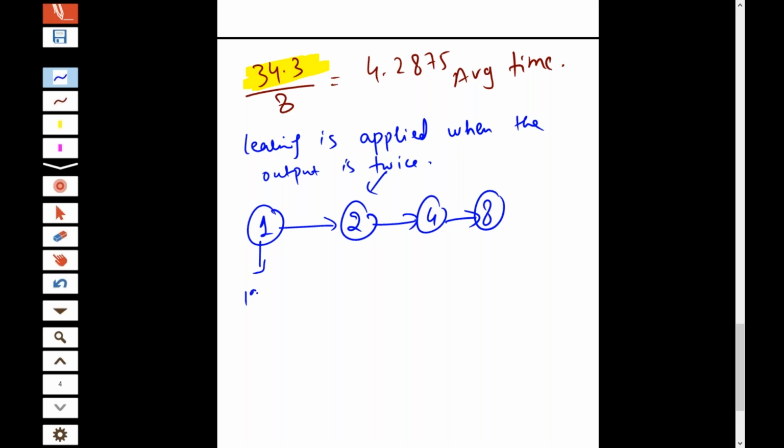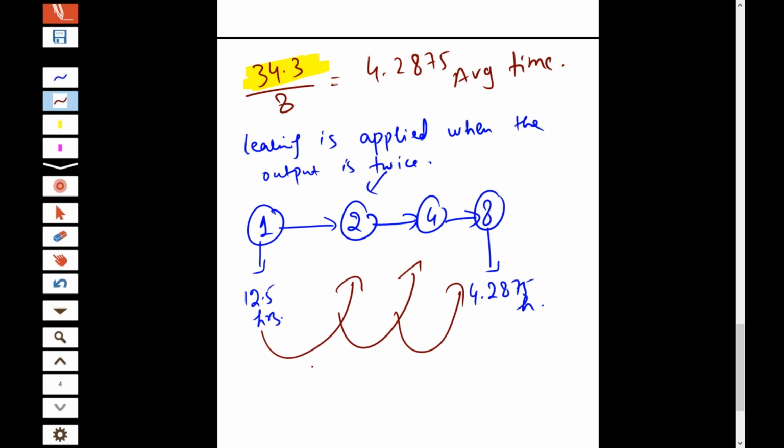So the first unit took 12.5 hours, and on 8 units it took 4.2875 hours. Now how many times was the learning applied? One time, two times, and then three times. So that means X percentage, X percentage, and X percentage. You got this thing.